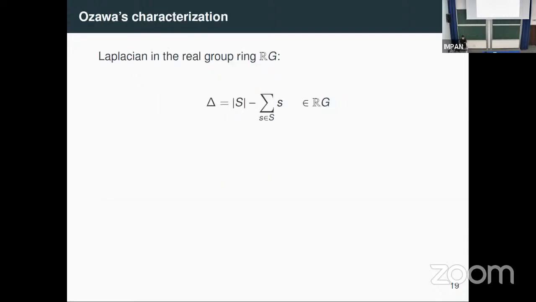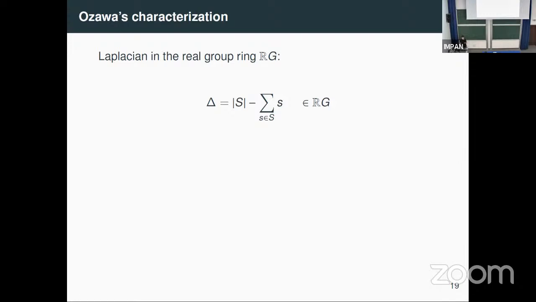Okay, so let me describe the new method of proving property T. It started with the result of Taka Ozawa in 2014, and here's how it works. We start with the group ring, and inside the real group ring we have the Laplacian.